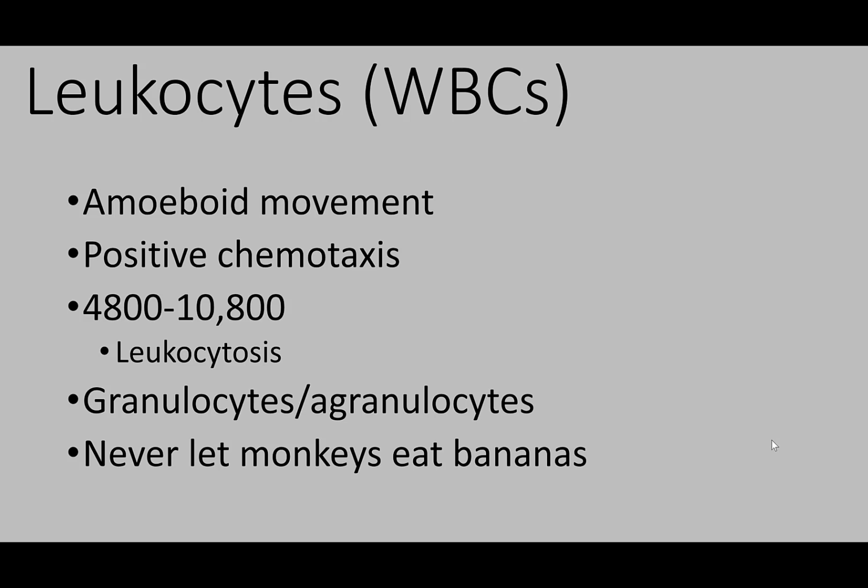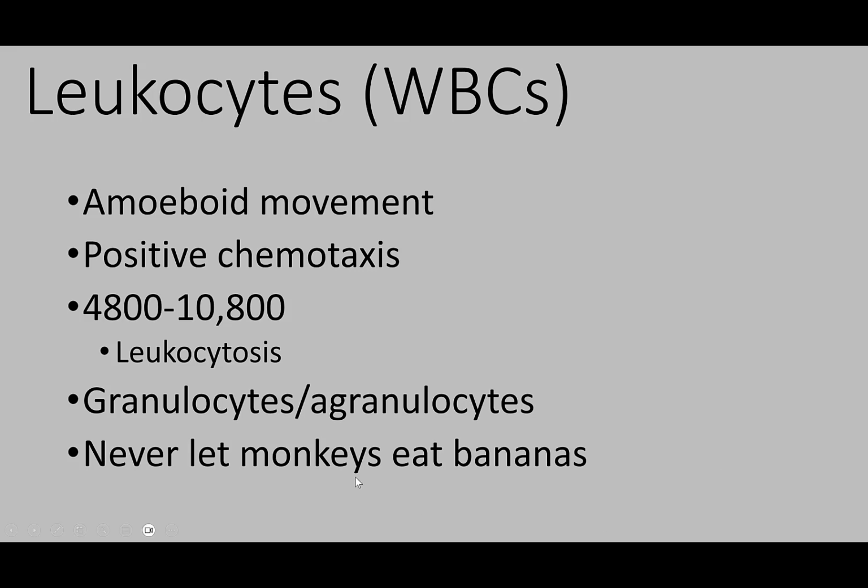These are certain proteins called granules. Not all leukocytes have visible granules. The ones that do, we call granulocytes. The ones that do not, we call agranulocytes, A meaning without. So granulocytes have granules that are visible. Agranulocytes do not have granules that are visible.